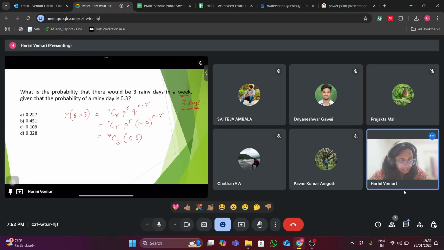Using a calculator, that is 0.227. So our answer is option A. The probability of 3 rainy days in a week will be 0.227.